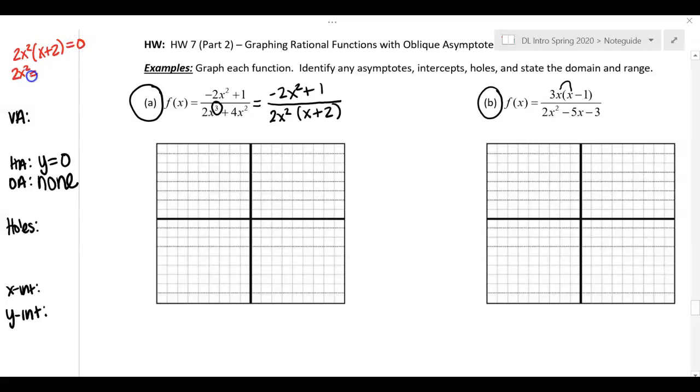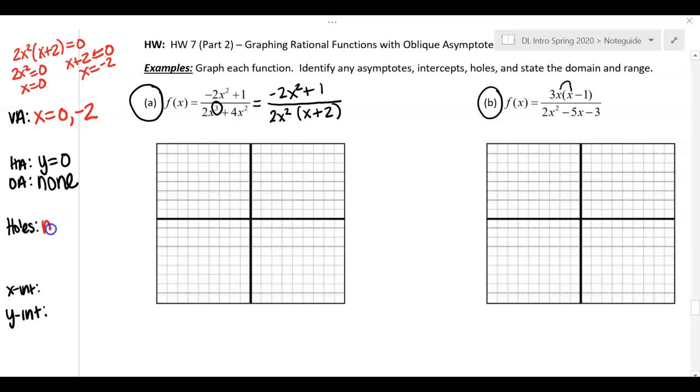There are 2 separate factors here that could be equal to 0. When I solve these, I get 0 for this one. I would get that by dividing by 2 and then square rooting, and it would still say 0. And I get -2 for this one. So I have 2 vertical asymptotes at x equals 0 and at x equals -2.